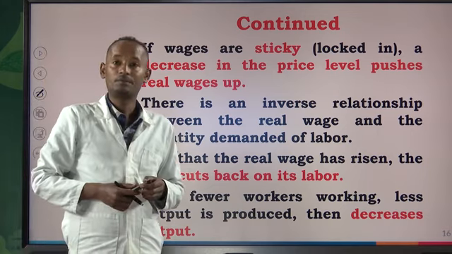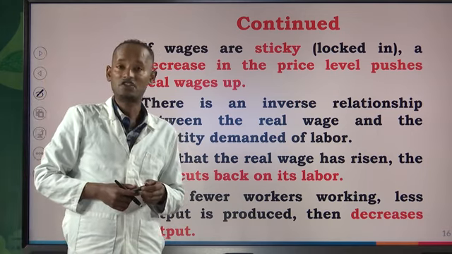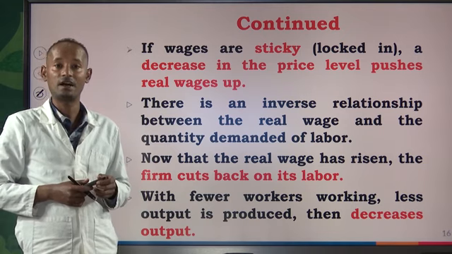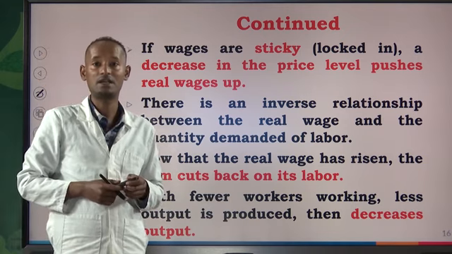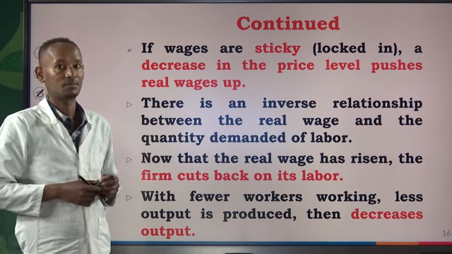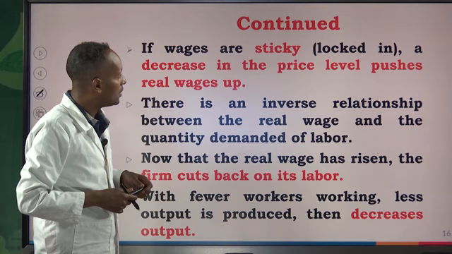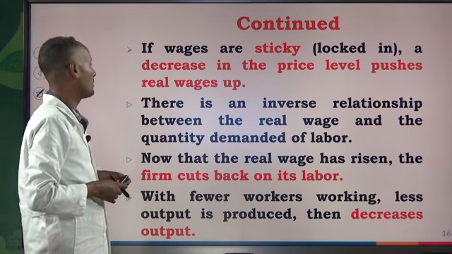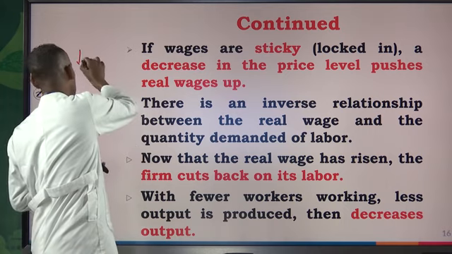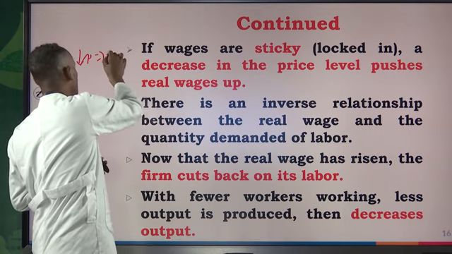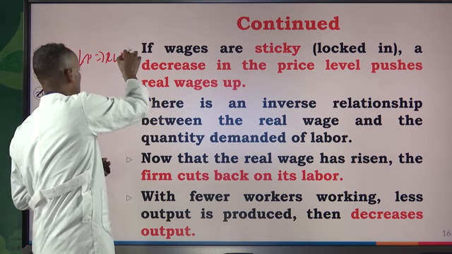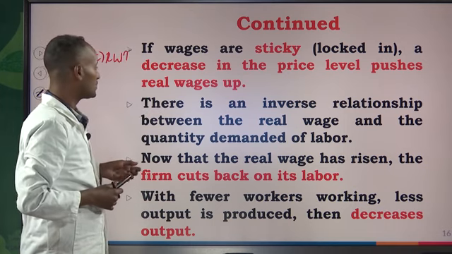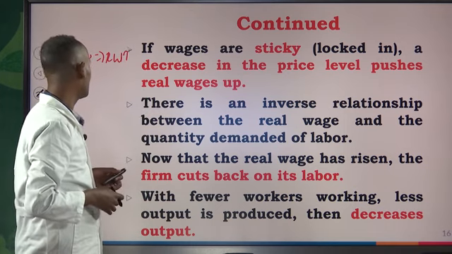As I told you, one of the causes for the direct relationship between the general price level and the real GDP quantity supplied is sticky wage. If wages are sticky or locked in, a decrease in the price level pushes real wage up. That means if there is a fall in the price level, then the real wage will increase, and there is an inverse relationship between the real wage and the quantity demanded of labor.